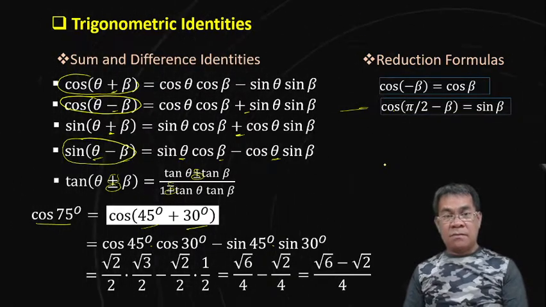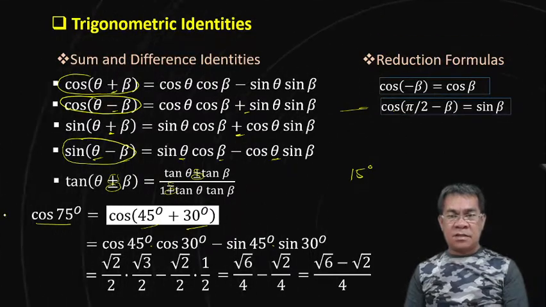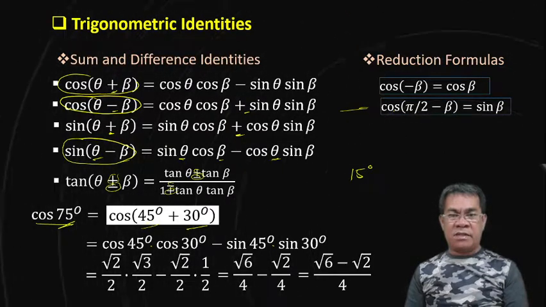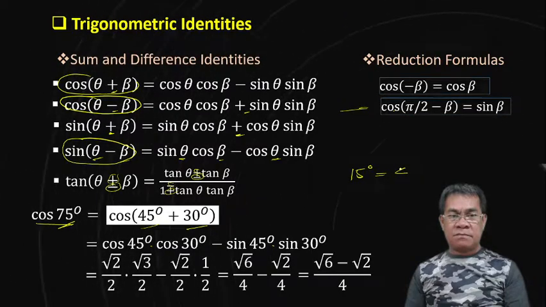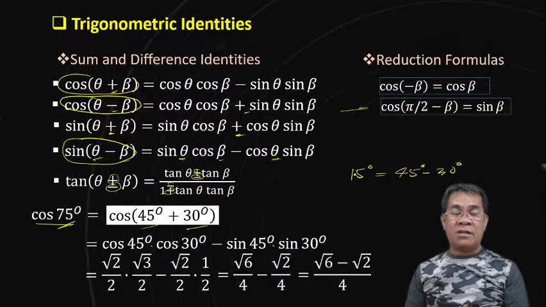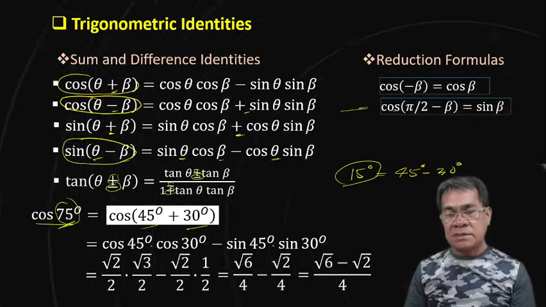By the way, 15 degrees is not a special angle. 75 is not a special angle, but 75 can be broken into 45 plus 30. And 15 degrees can be broken into 45 degrees minus 30 degrees. This means we can find the exact values of the six trigonometric functions of the 15 degree angle, and also of the 75 degree angle.